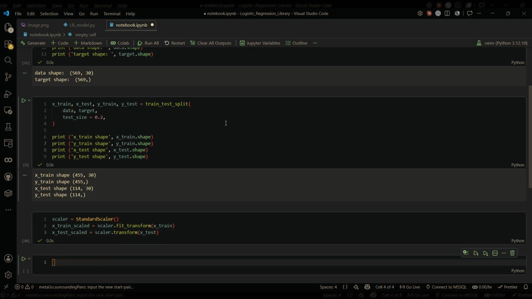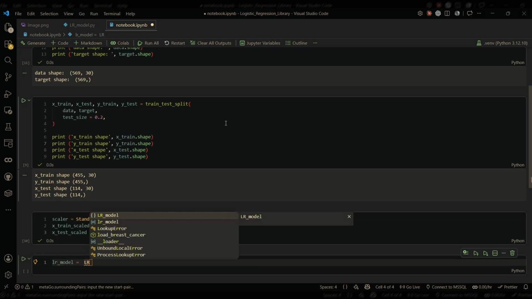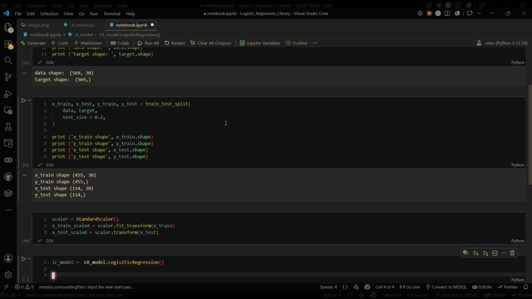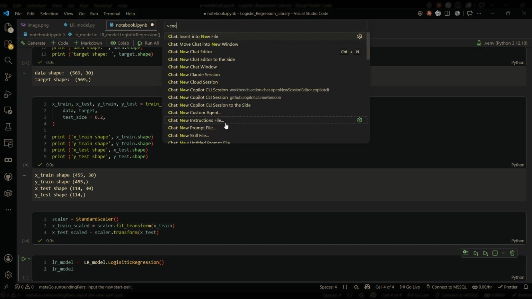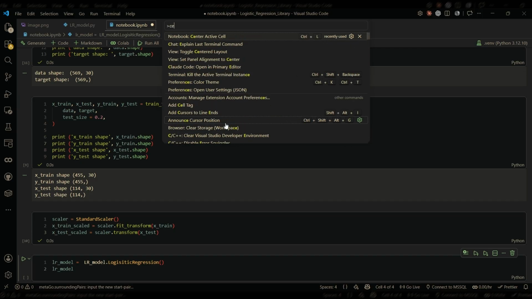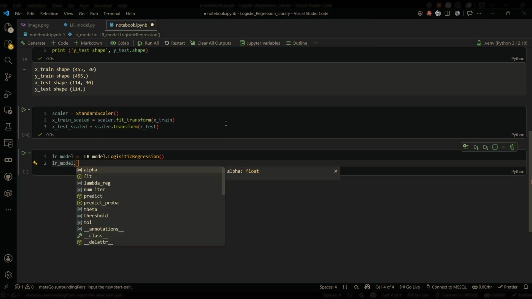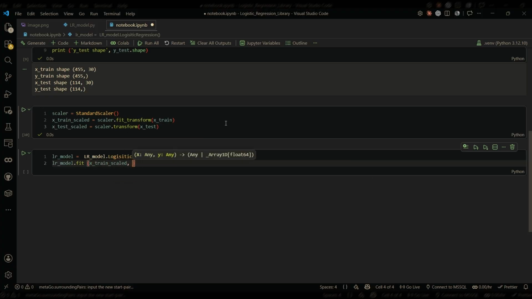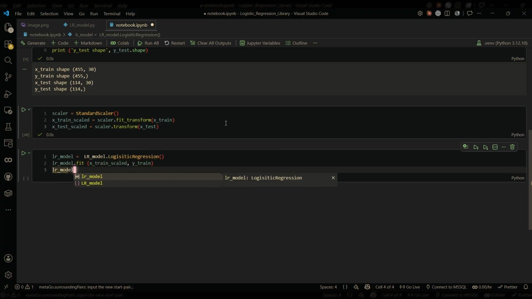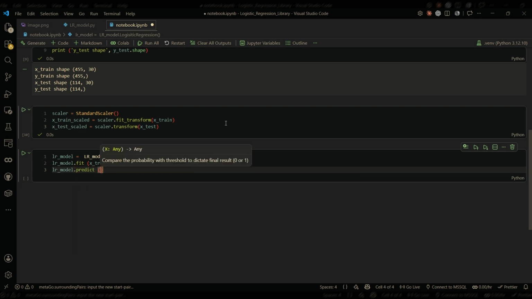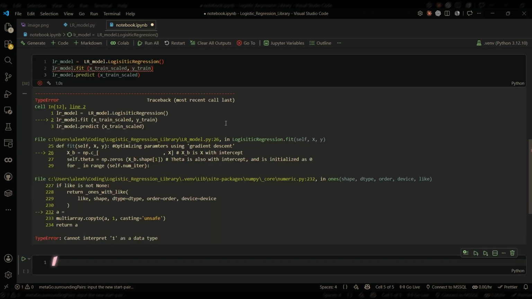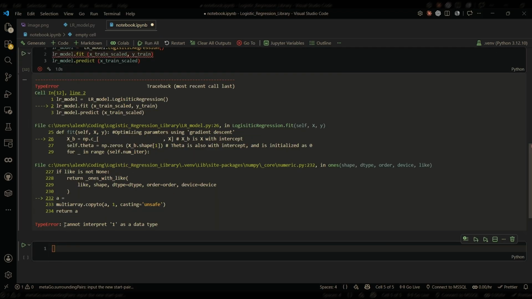Okay, I think I should put it here. I'll call it LR model. So we're going to fit X train scaled and y train, and we're going to predict X train scaled. Let's see if there's an error. Okay, cannot interpret 1 as a data type.